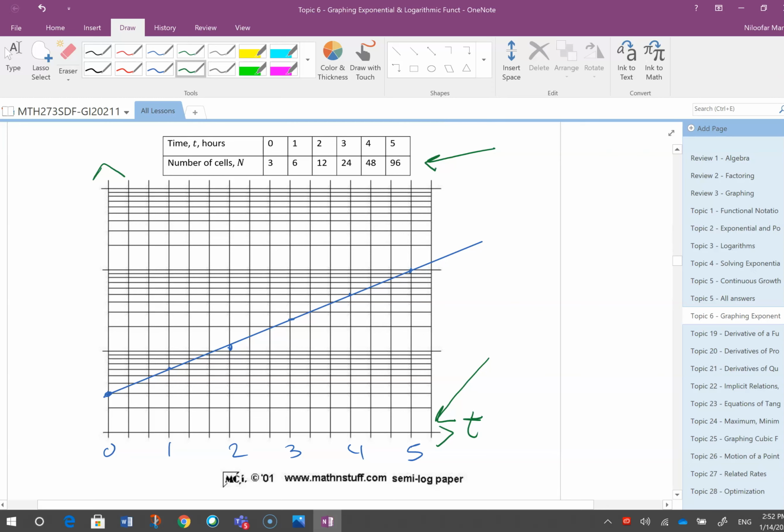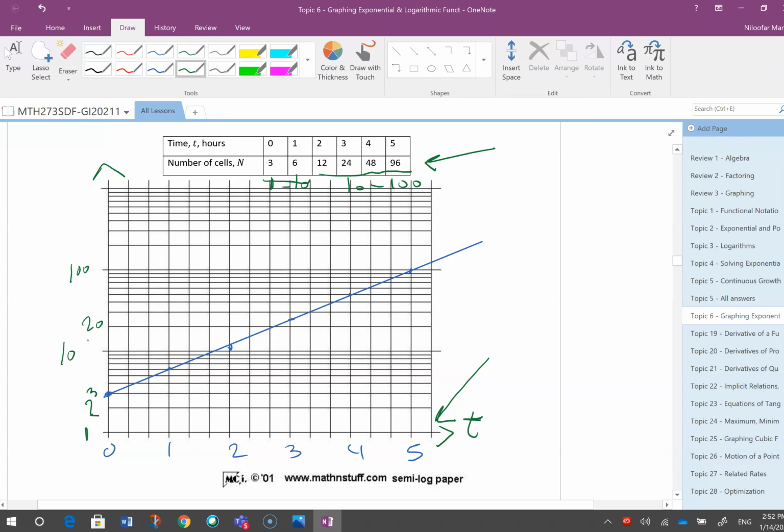Okay, so 1, 2, 3. This is from 1 to 10. This is from 10 to 100. That's it. I just need 2 cycles. So 1, 2, 3, 4, 5, 1 by 1, and then 10 by 10. So this is 20.